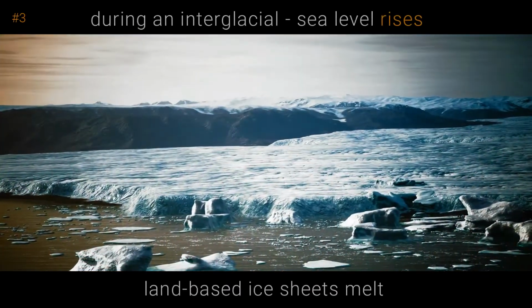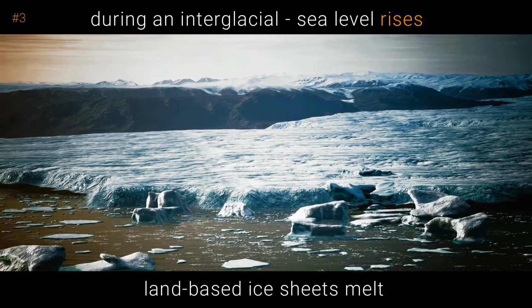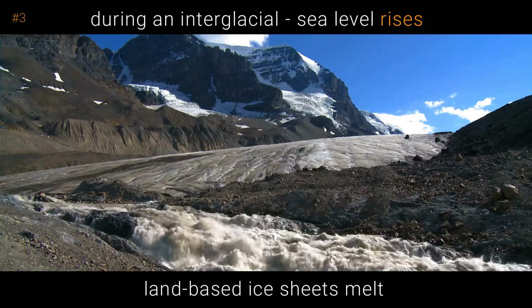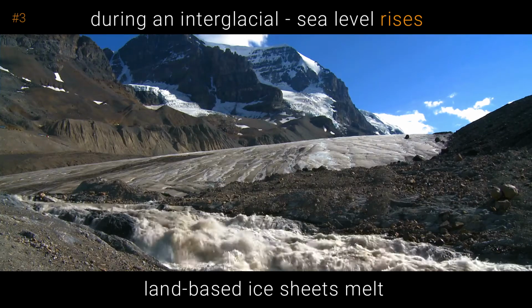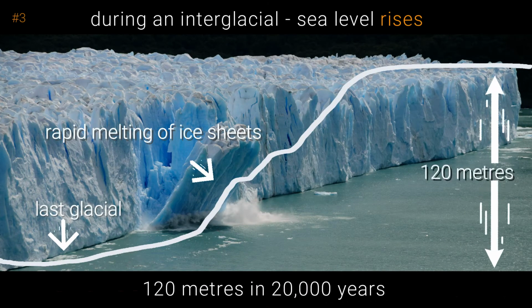During an interglacial, the sea level rises. Again, two reasons. With warming, the huge land-based ice sheets and glaciers melt, returning large volumes of water to the oceans. This can happen suddenly or slowly. For instance, it has risen 120 meters in the last 20,000 years, at rates varying from less than 1 millimeter up to 45 millimeters per year.